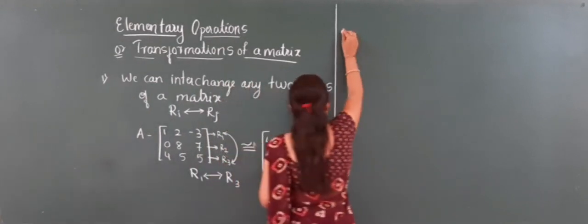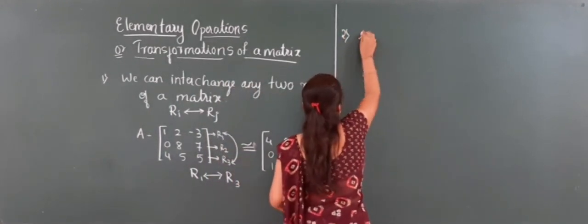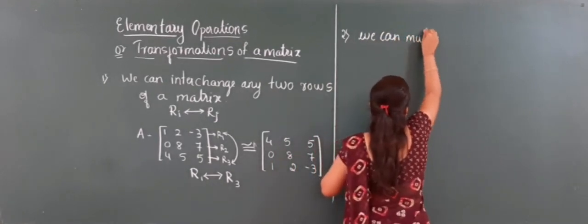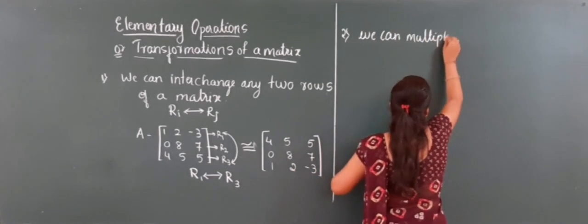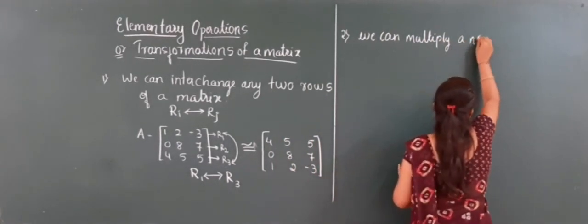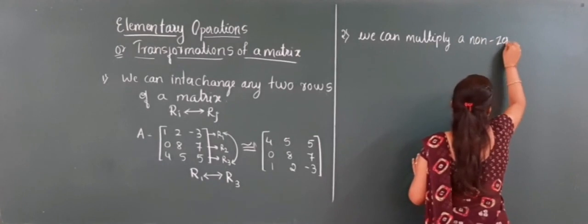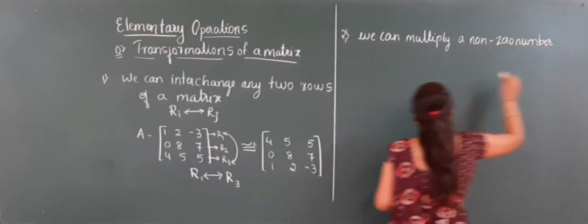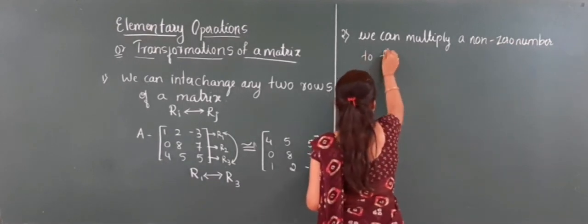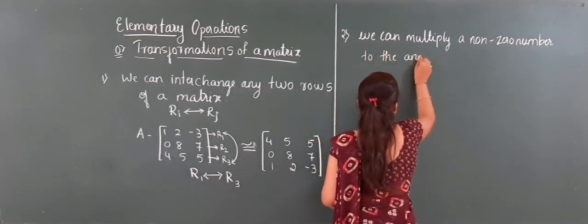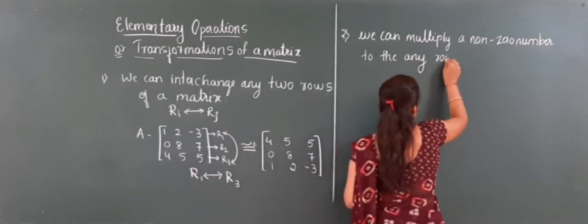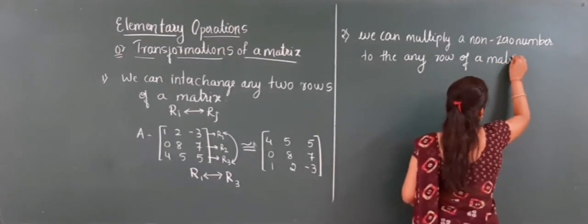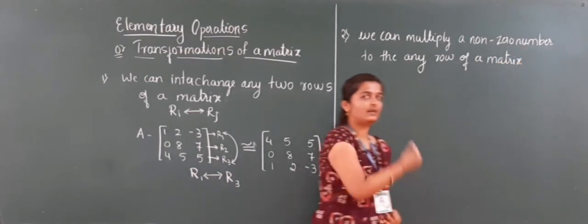Now the second one: we can multiply a non-zero number to any row of a matrix.